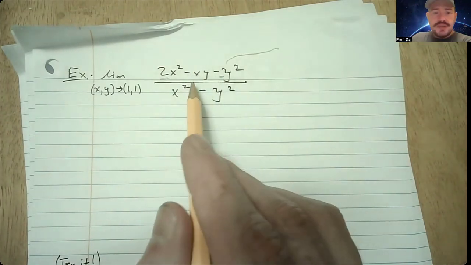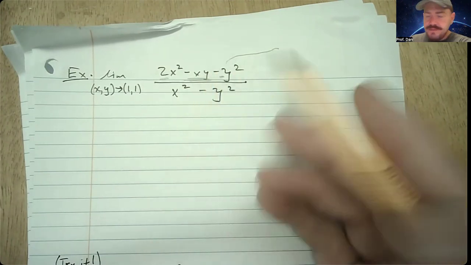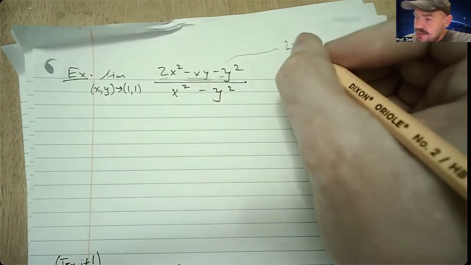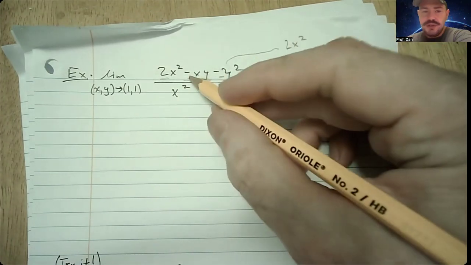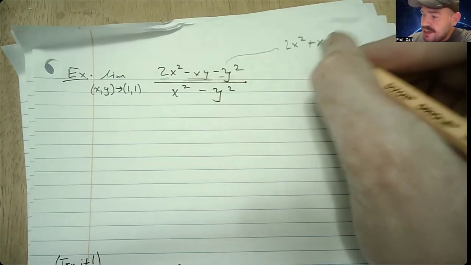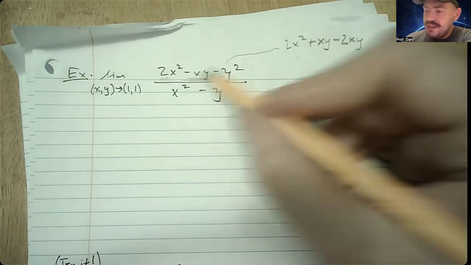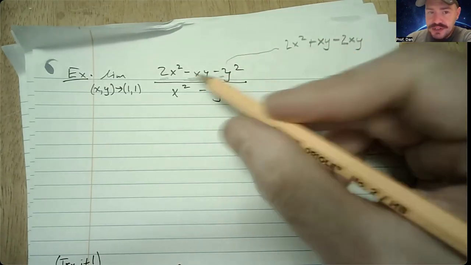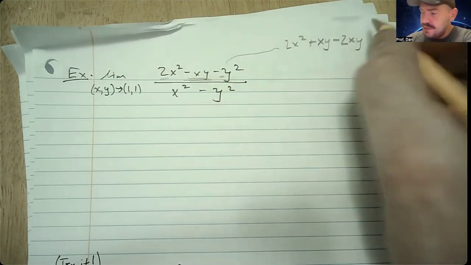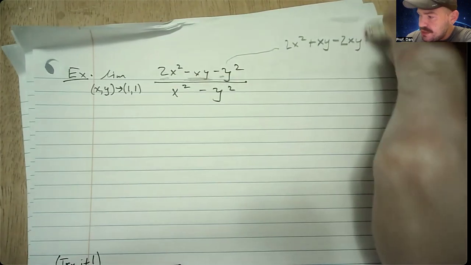So we can use those magic numbers to rewrite our middle term. So we get 2x squared, and I'm going to rewrite negative xy as plus 1xy minus 2xy. You see, if I were to combine those like terms, I would end up with that, right? So they're equivalent. And oh, that should be a minus.